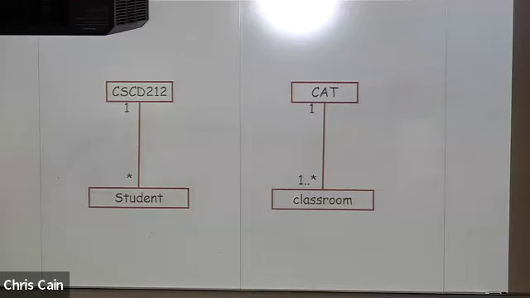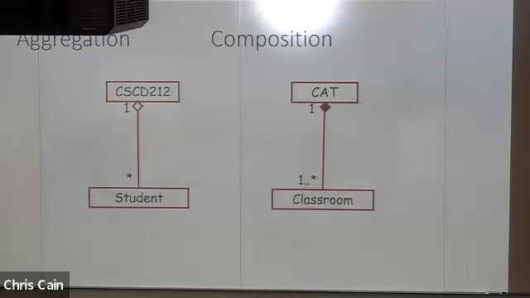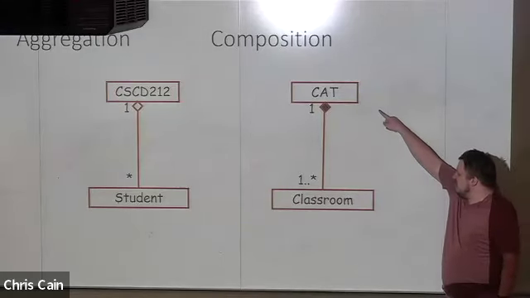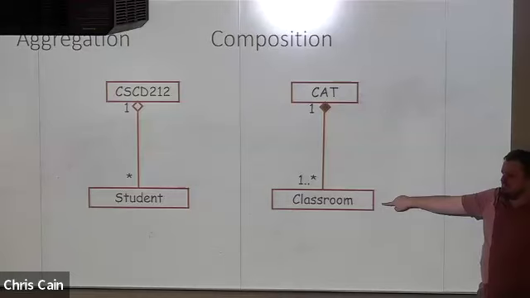Student can be in multiple classes. Yeah. If you think about this particular course, does this course own all of you? I mean, maybe, depends on the difficulty of the exams, but I don't say that just to be confusing. So here we have an aggregation on the left, yes. Does this building own its classrooms?